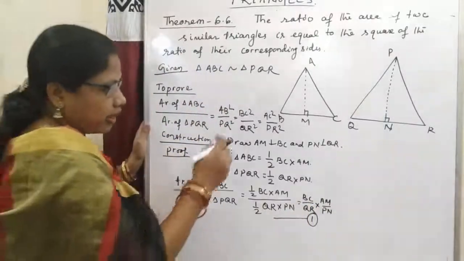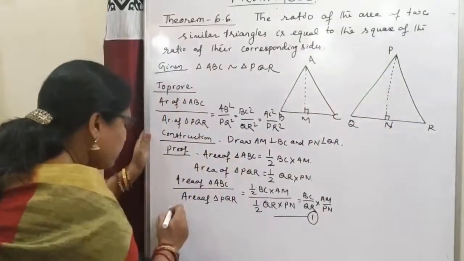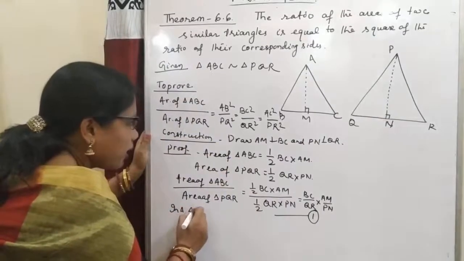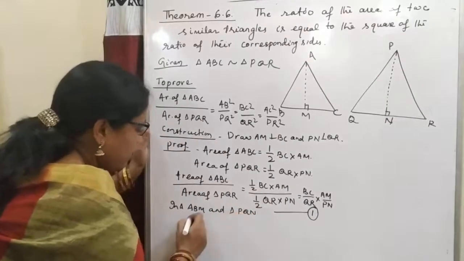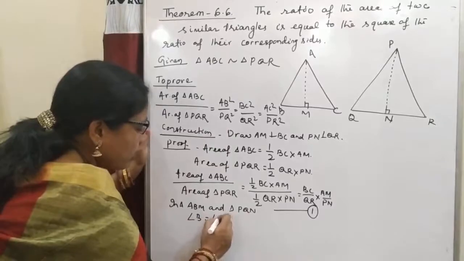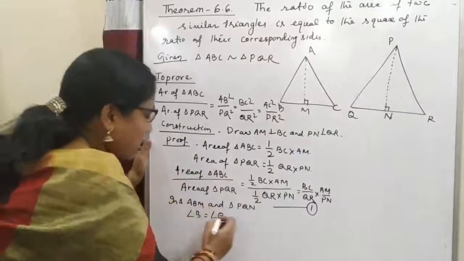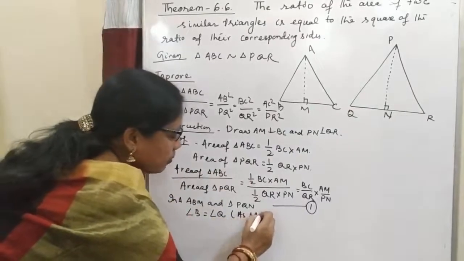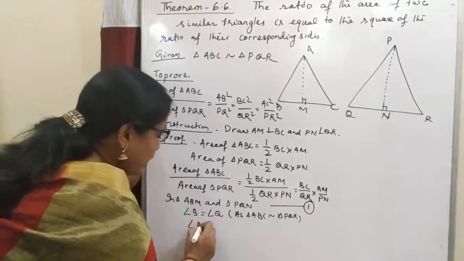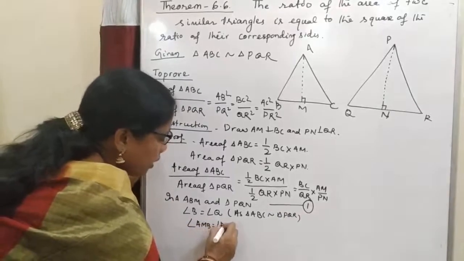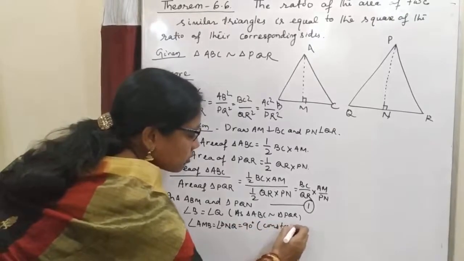Now take two triangles ABM and PQN. In triangle ABM and triangle PQN, angle B is equal to angle Q, because triangle ABC is similar to triangle PQR, and angle AMB is equal to angle PNQ is equal to 90 degrees by our construction.